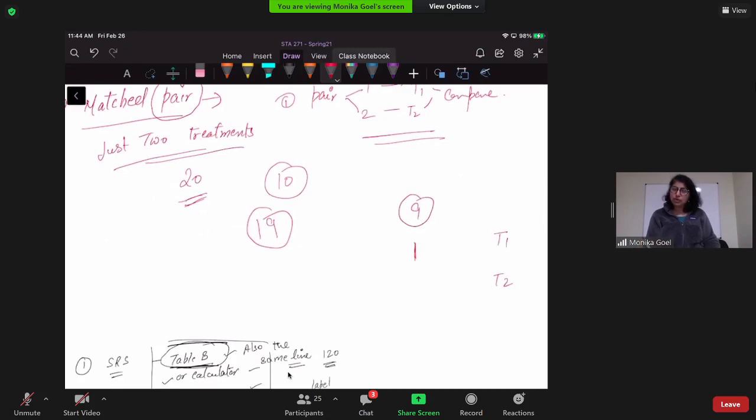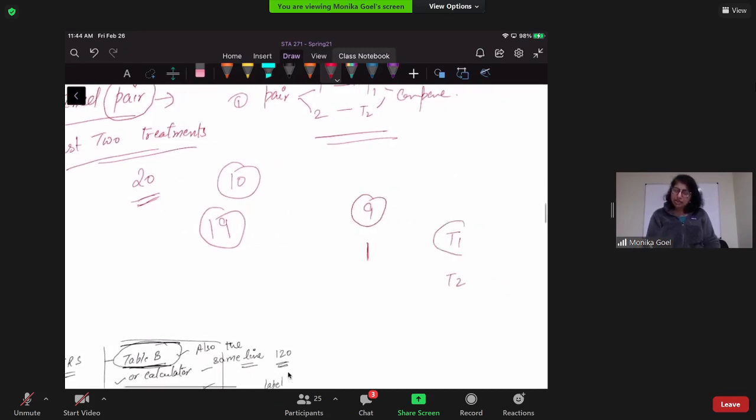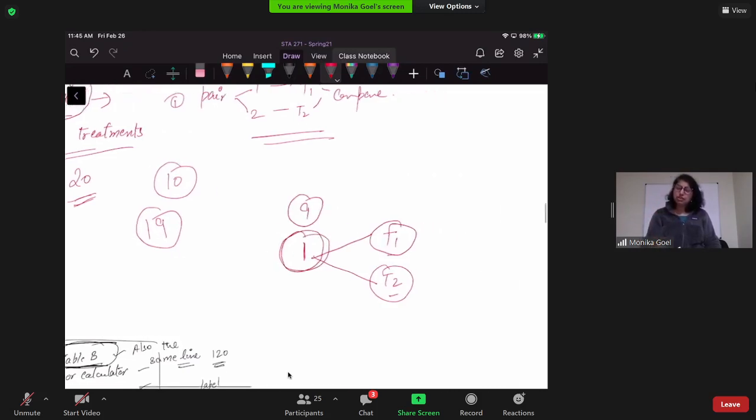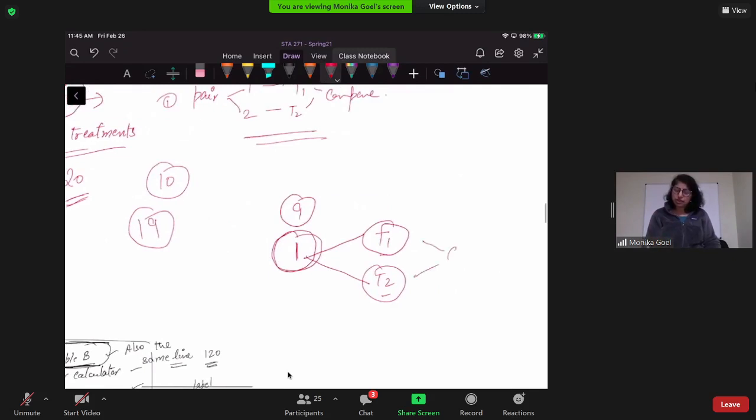Since I have only one subject, I randomize the order of the treatments, and this subject will receive both treatments. It depends on whether it gets the first or the second treatment first. So even though this pair is not complete, this subject will get both treatments. You randomize the order of the treatments and then compare.